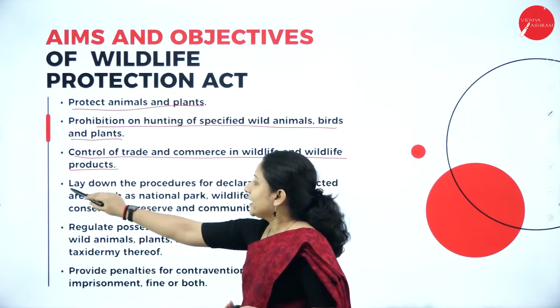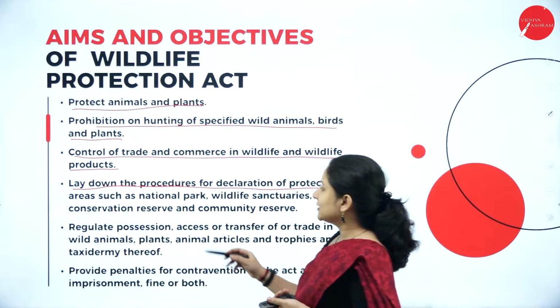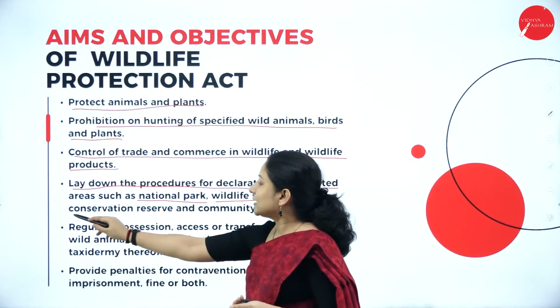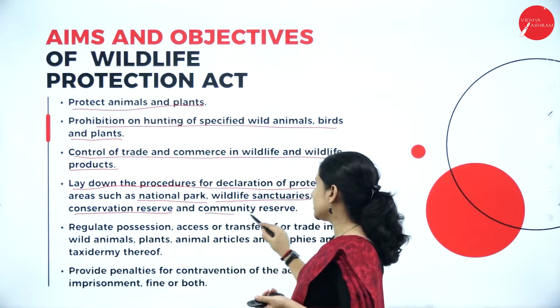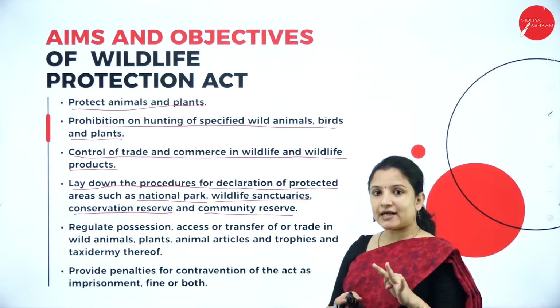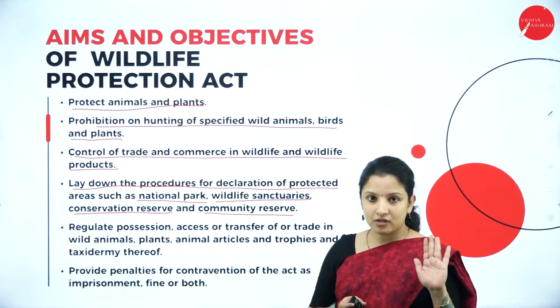And it also lays down the procedures for declaration of protected areas such as national parks, wildlife sanctuaries, conservation reserves and community reserves. So here in national parks and wildlife sanctuaries, people cannot just randomly walk in wherever they like.